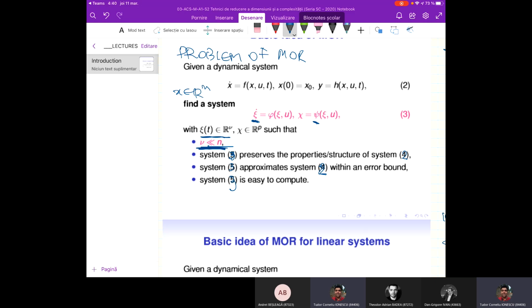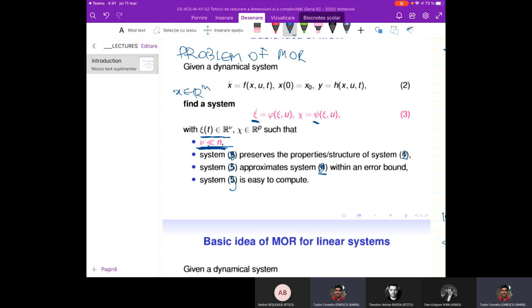Okay, so the model order reduction problem is this one. Again, I'm repeating. Given a dynamical system of dimension n, which is large, find another system in different coordinates of dimension r, such that r is much smaller than n. We have preservation of properties or structure of the given system.